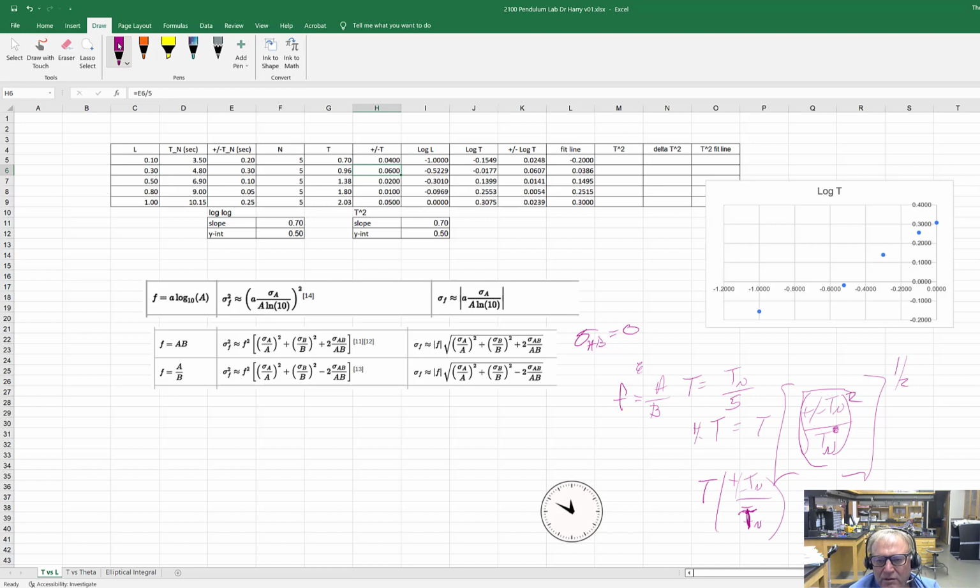And then at the end of the day, it's just the period times the relative error of the plus minus T sub n, right? So let's see if that makes any difference. So it equals the period times the plus minus T sub n divided by T sub n.